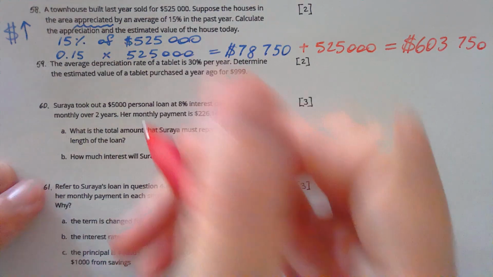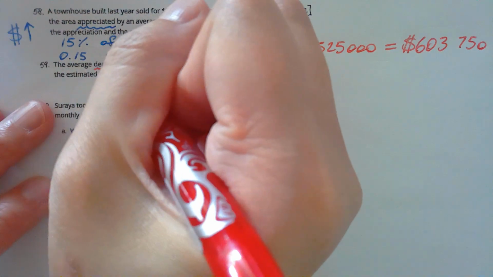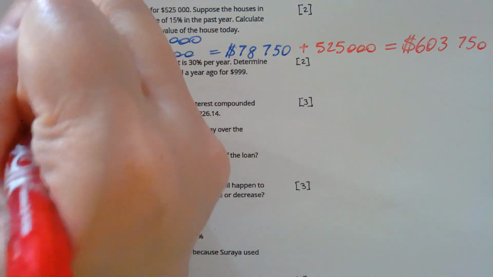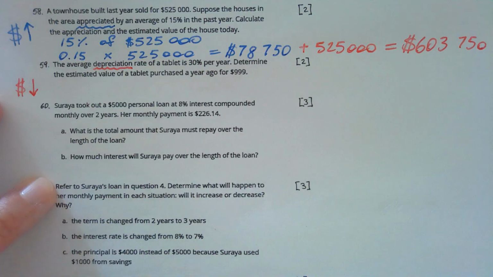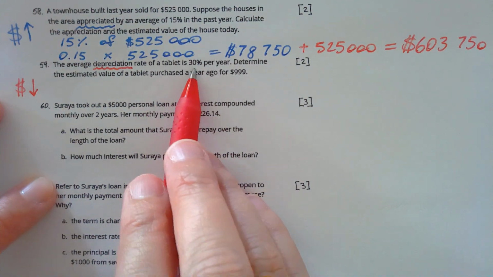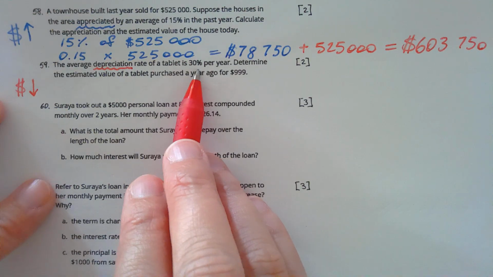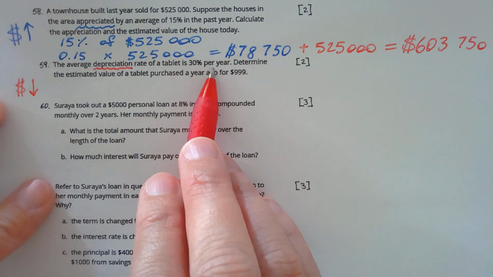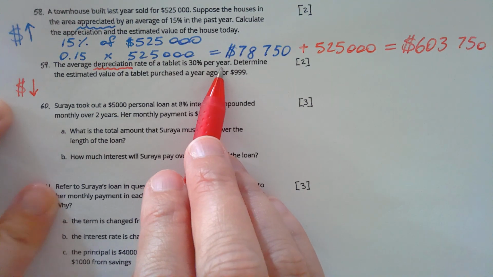Okay, and then sadly, depreciation rate, which means value going down, of a tablet. Makes sense? Because it's getting slower and slower and slower after you installed Among Us and stuff. So it takes up a lot of RAM.